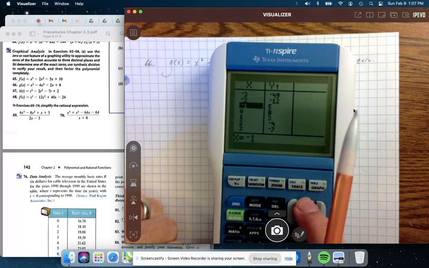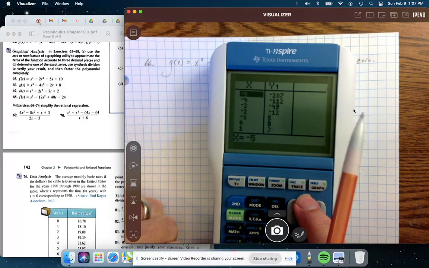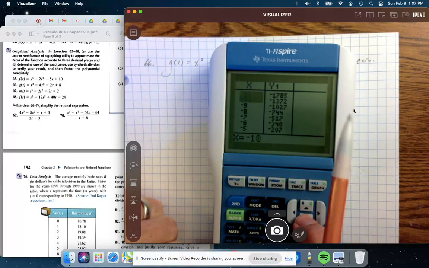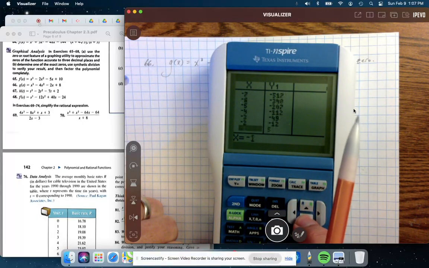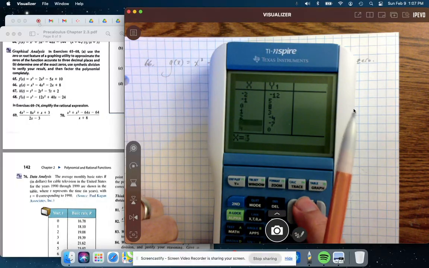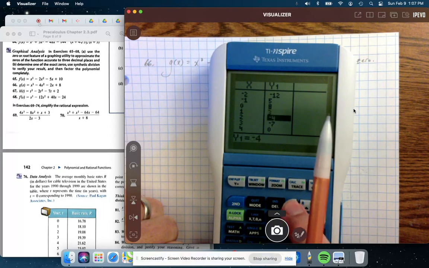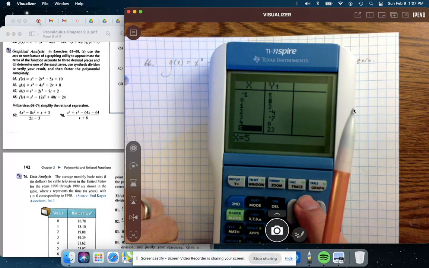So between -2 and -1, there is a 0. And then there's another one between 1 and 2, right? Because it goes from negative to positive. And then, of course, at 4, there's a 0.